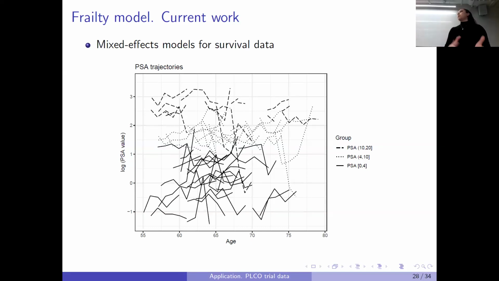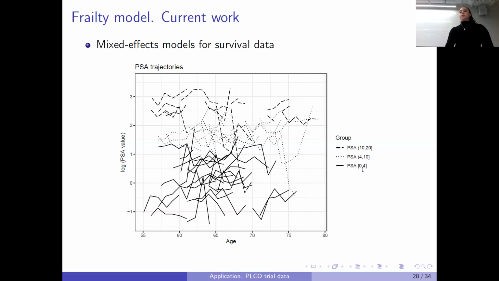Do we have patients that move faster through the process or slower? In this plot, what I have is the PSA trajectories from some patients, and they're labeled given the first PSA value. So we can see there's some potential cluster behavior.